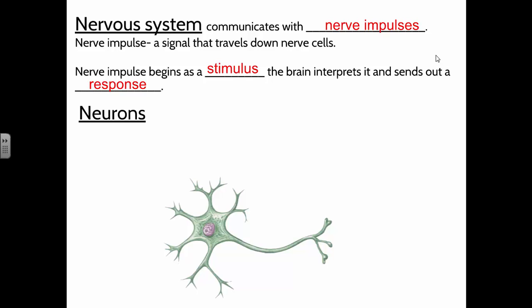We have heat receptors that are sensitive to heat and so forth. So all of those are major parts of our nervous system, but they're all made of individual nerve cells, which we call neurons. A neuron is just a nerve cell, a cell that's specially adapted to helping transmit information from one part of our body to another.